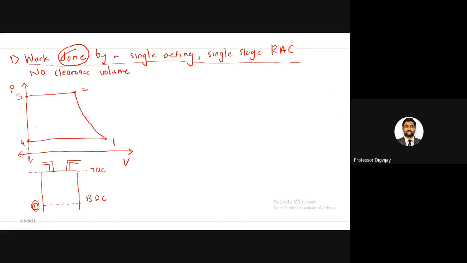That means the piston has created a vacuum inside, a sufficient suction pressure, and with this negative pressure the inlet port is going to open. Now at point 4 the inlet port is open and the air will move inside. So here again the piston is moving from TDC to BDC and the air is taken inside, and the piston again reaches BDC, that is point 1. So 2 to 3, 4 to 1.